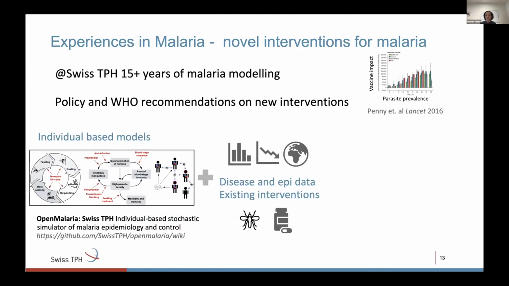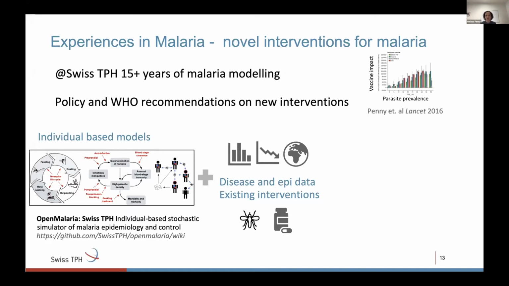In this case, we have individual-based models of malaria. So unlike coronavirus, malaria is a parasite transmitted by a mosquito. So these individual-based models capture the mosquito and the human dynamics, as well as the parasite, and also the interventions that we have already, which are more than just non-pharmaceutical interventions.